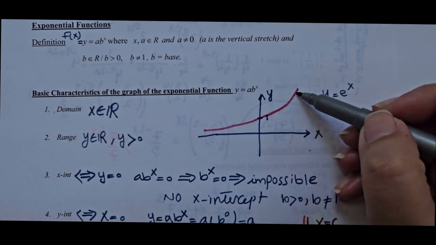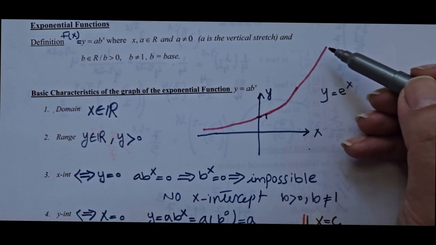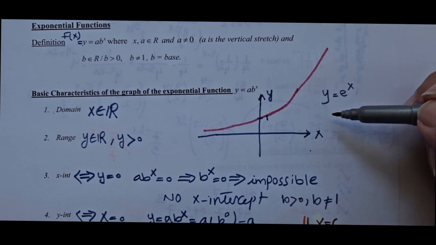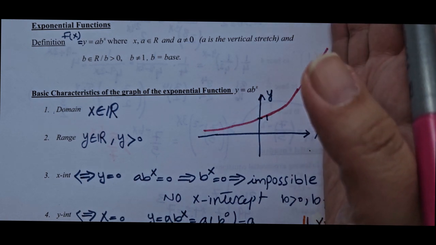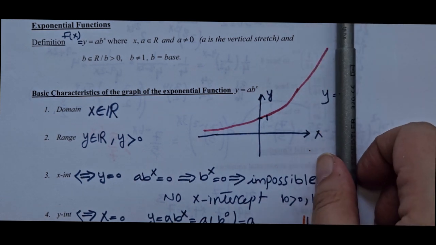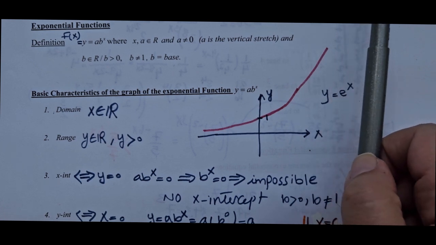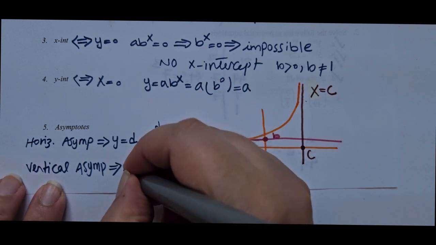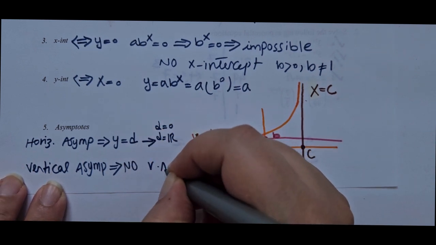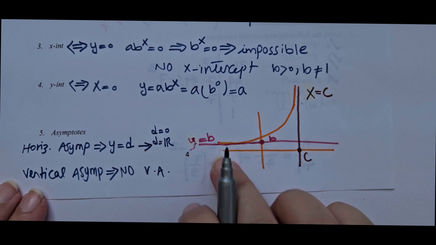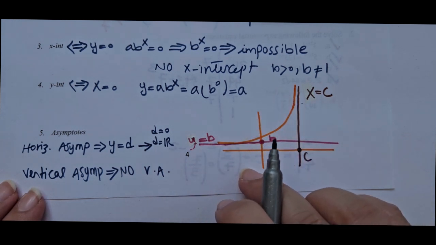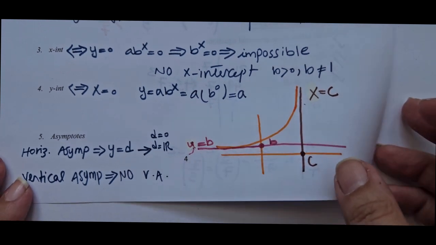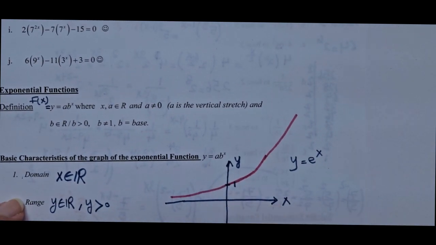This guy can go forever and ever, and you cannot define any line which is the end or the dead end. So there is no vertical asymptote. Remember, guys, the graph I gave you was only for explaining the asymptote. Otherwise, the graph for an exponential function is this one.